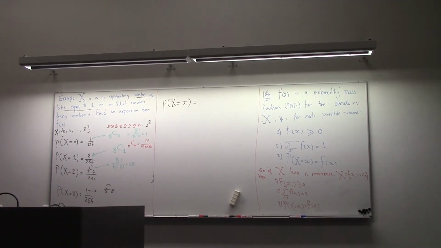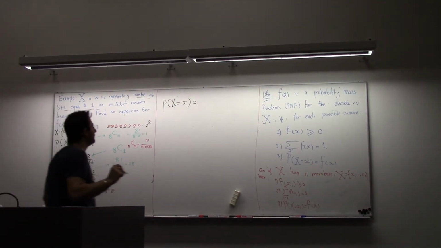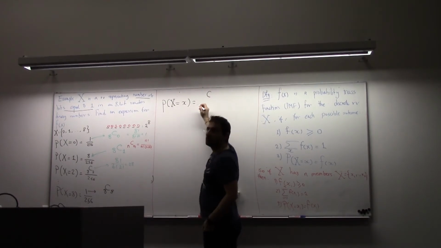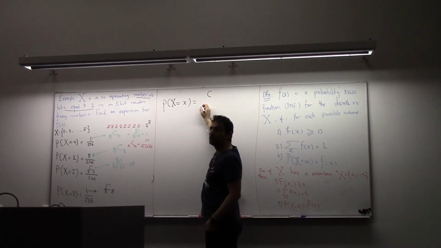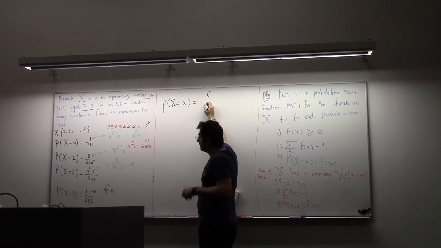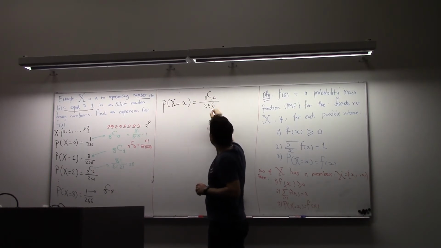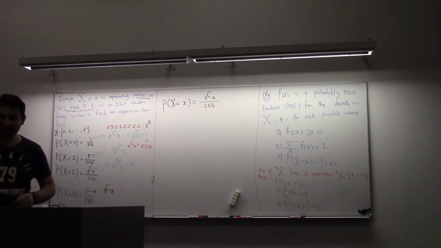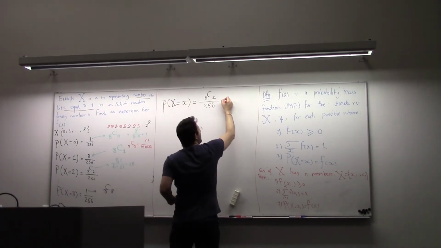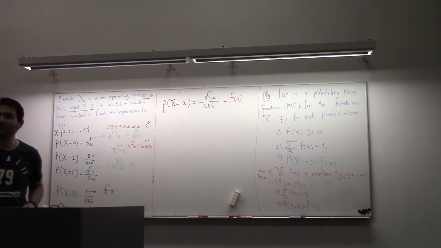It's the combination of 8 over x divided by 256, or 2 to the power 8. And this is our f of x.